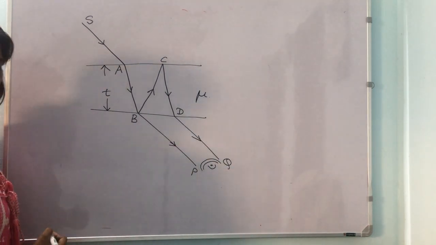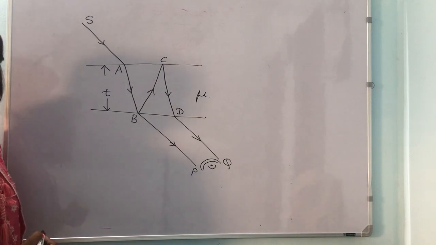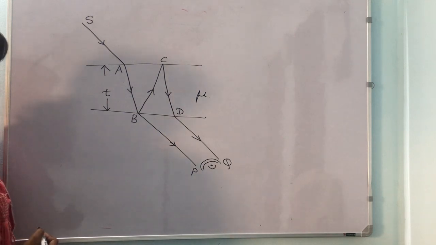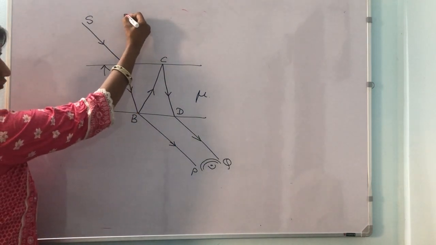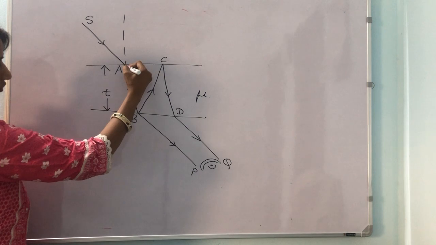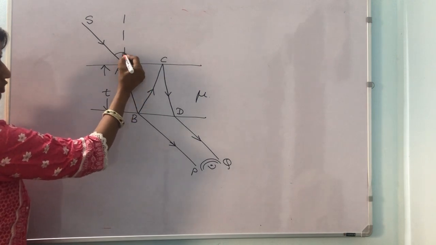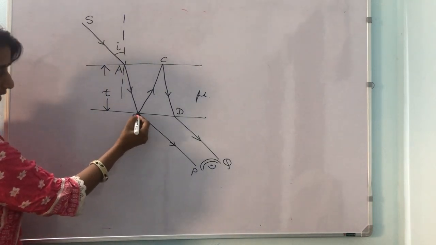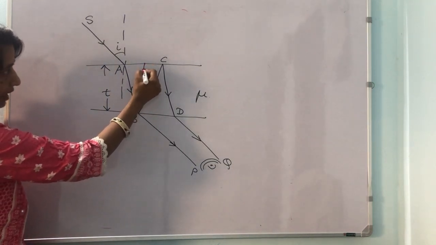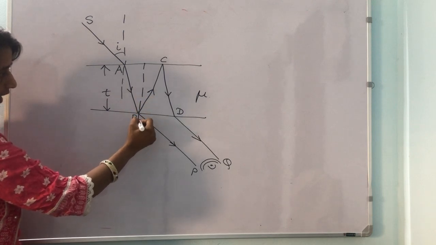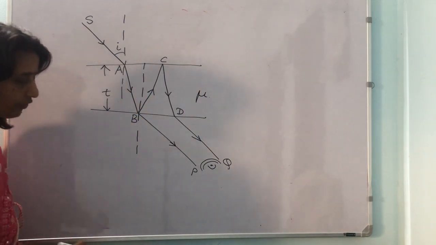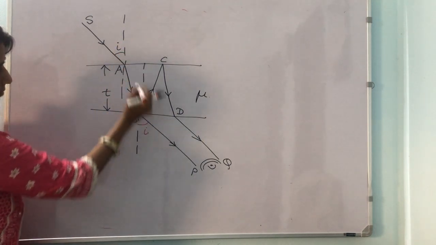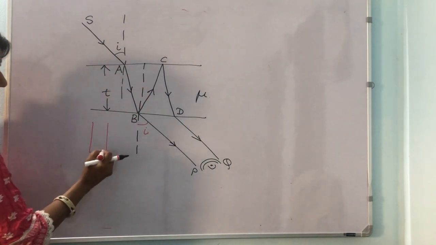Now in order to derive an expression for path difference, we will drop perpendiculars on this diagram. Let us begin. First, this is my first perpendicular. It gives me angle of incidence I. And here my second perpendicular for this triangle, it will give me angle of incidence I, the same, because here two parallel lines I have drawn.